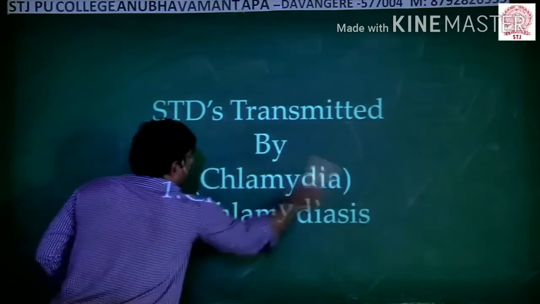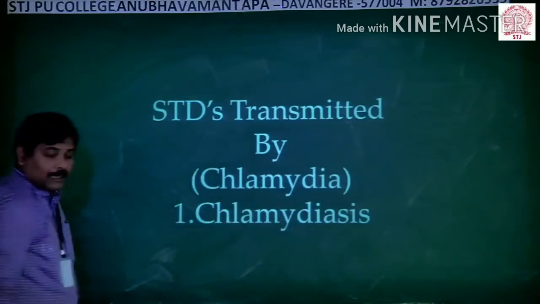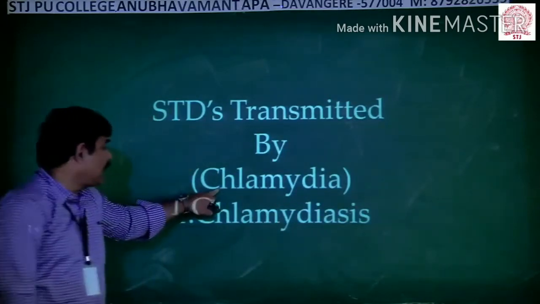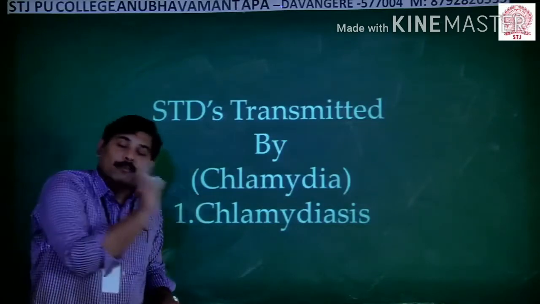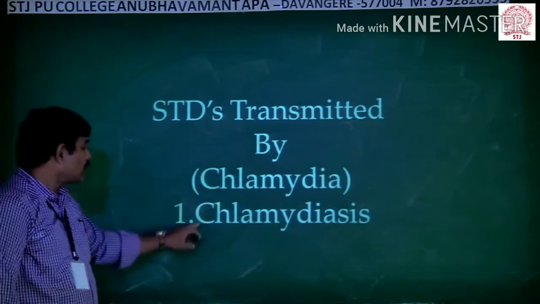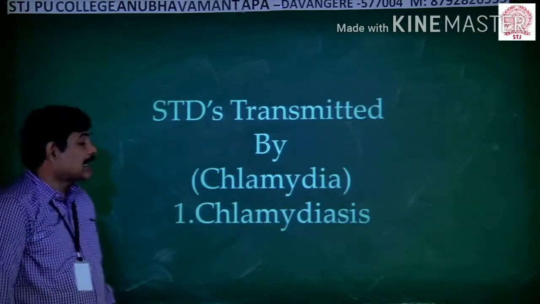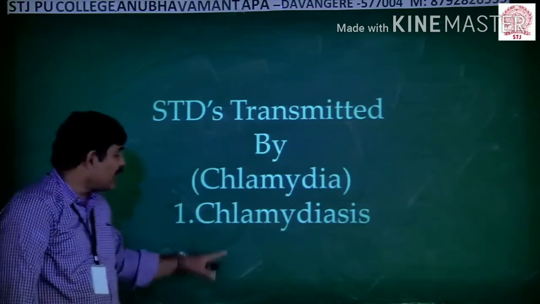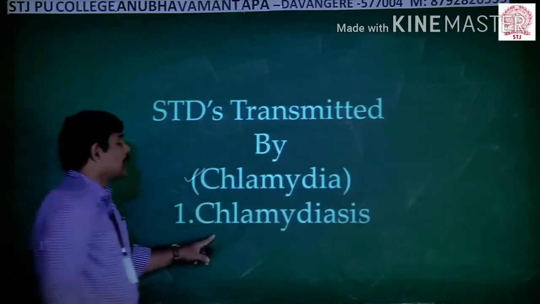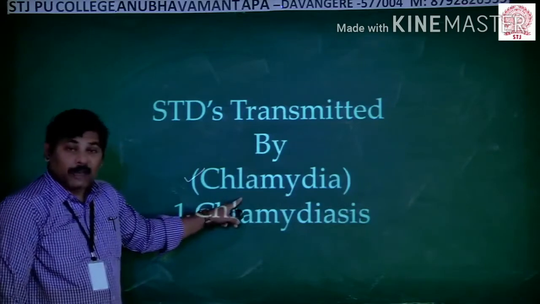Chlamydia is also a kind of bacteria. It has a separate genus name. It causes a disease known as chlamydiasis. Chlamydiasis is the name of the disease caused by an organism known as Chlamydia.